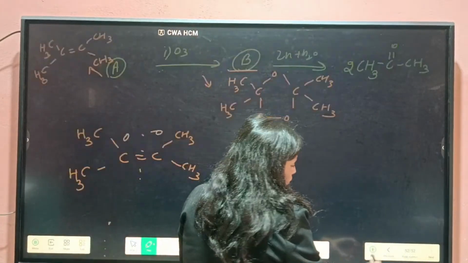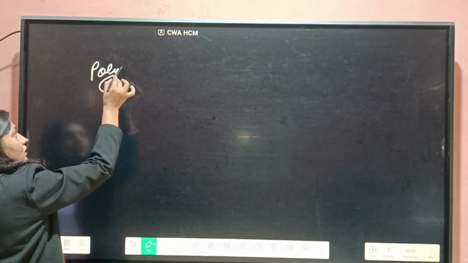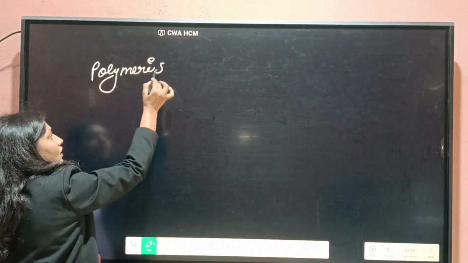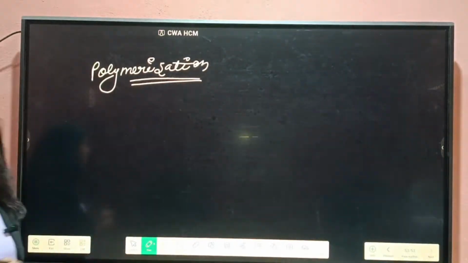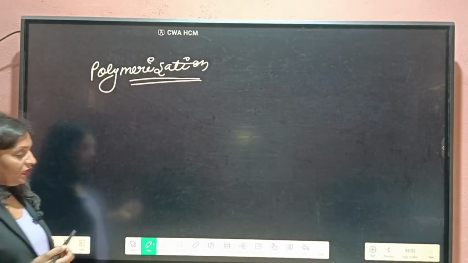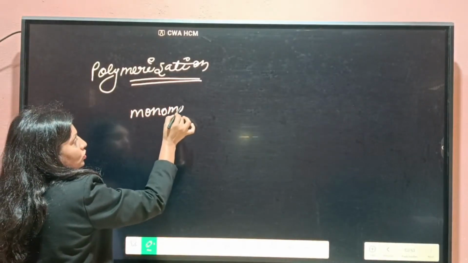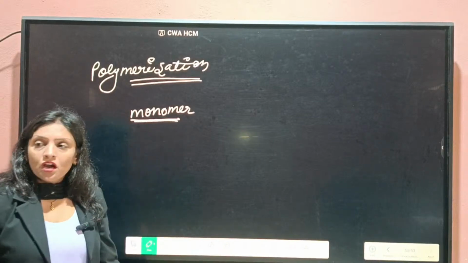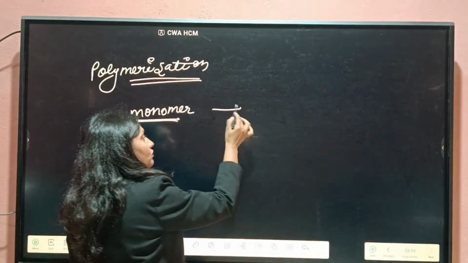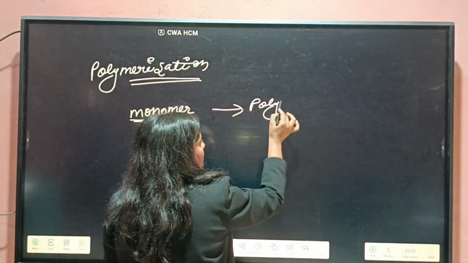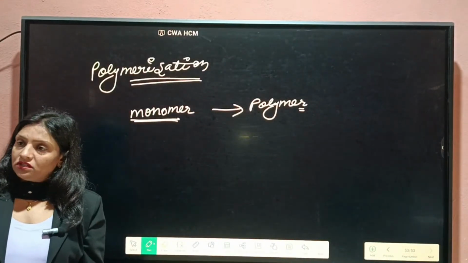Yes. Then one more chemical reaction is the polymerization reaction. I think I discussed it one day in types of reactions. Polymerization reaction, in which two or more monomer units combine with each other. Then they form a polymer, and it is known as the polymerization reaction.